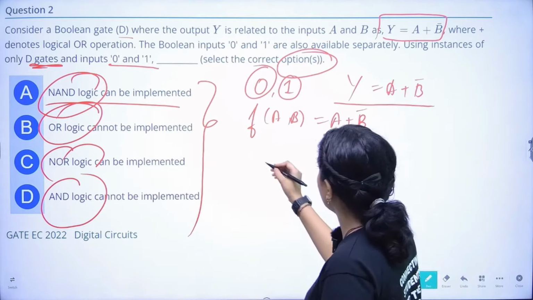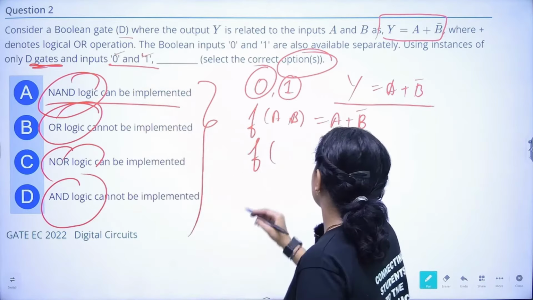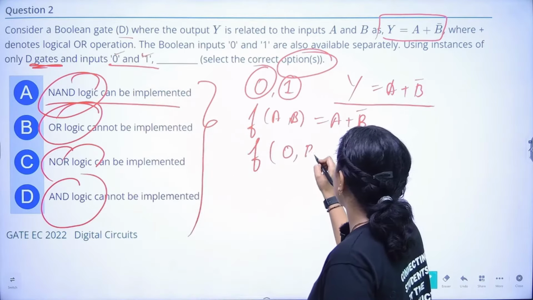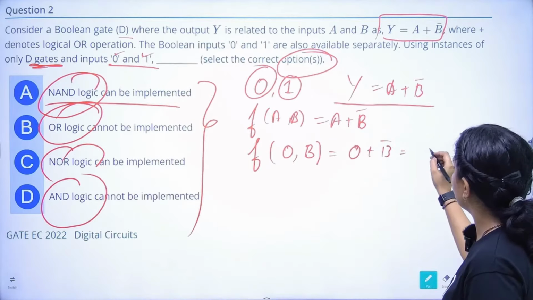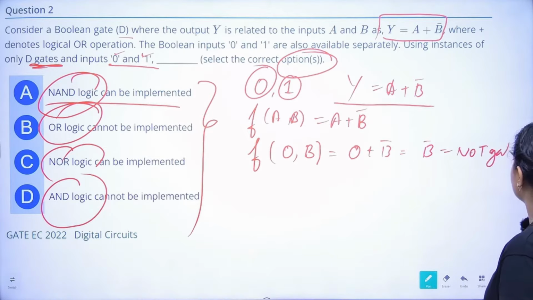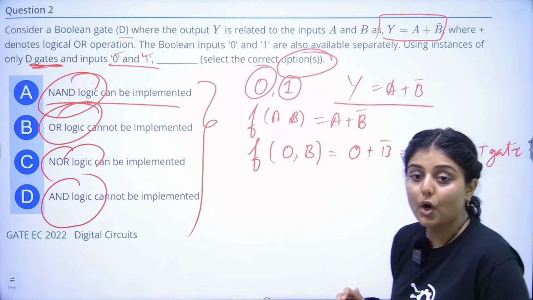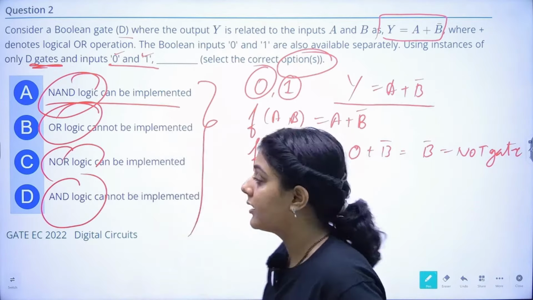How can we implement NOT from this? I have both the inputs 0 and 1. Suppose I say it is 0 and B. So A will be 0 plus B bar, so it will be B bar. So what kind of gate is this? This is a NOT gate. So if we can implement a NOT gate, we can implement all the other gates.